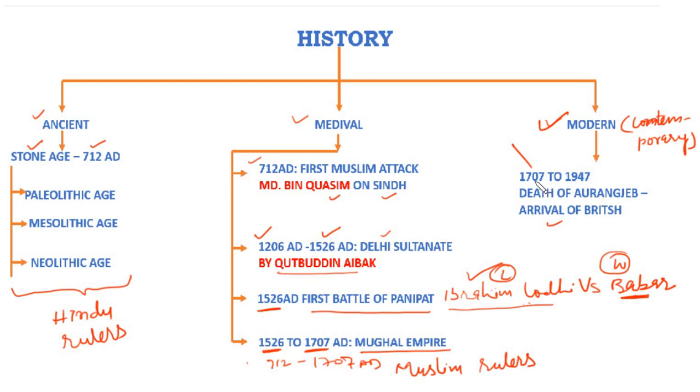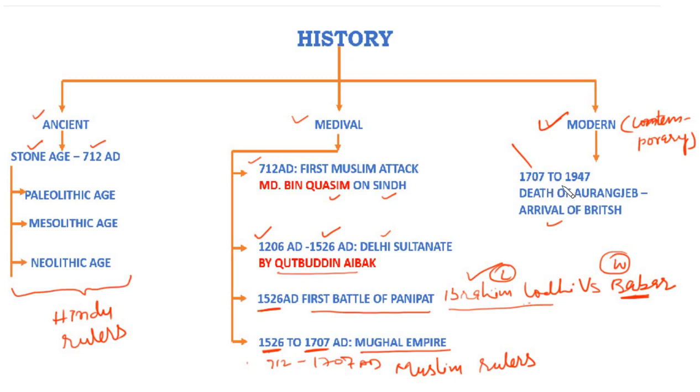It doesn't mean that all the Mughal kings died. No, the last Mughal king died in 1857, when we will learn about the first Sipahi Mutiny, right? But the mightiest king died here in 1707. After Aurangzeb, there was no mighty king.